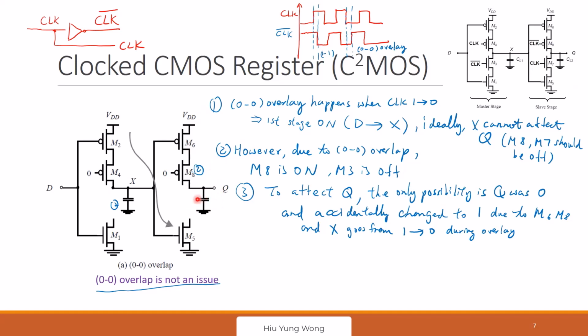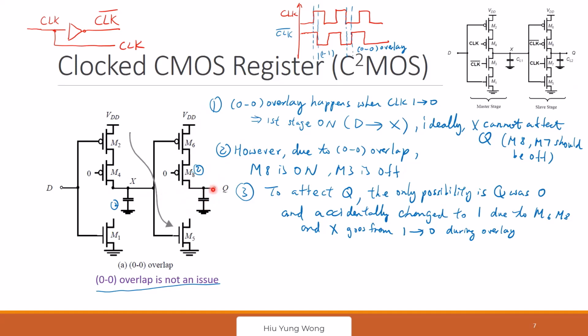I was at 0. Did I say something wrong? Let's say I was at 0. And this one suddenly changed from 1 to 0 due to some reason, due to the overlap. And then this one will change to 1. Then my data got corrupted. Is this okay? Is this clear?